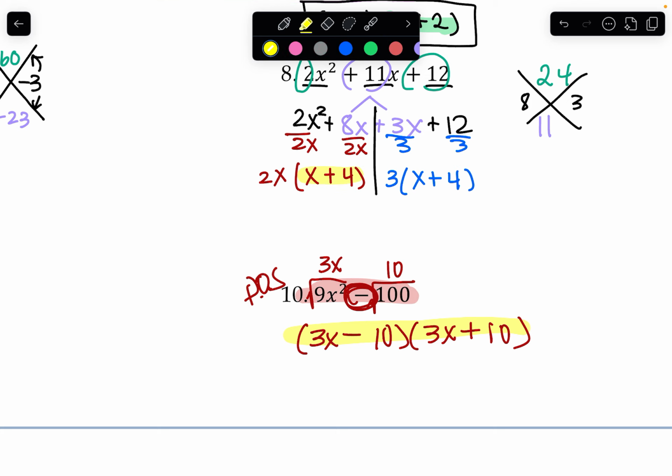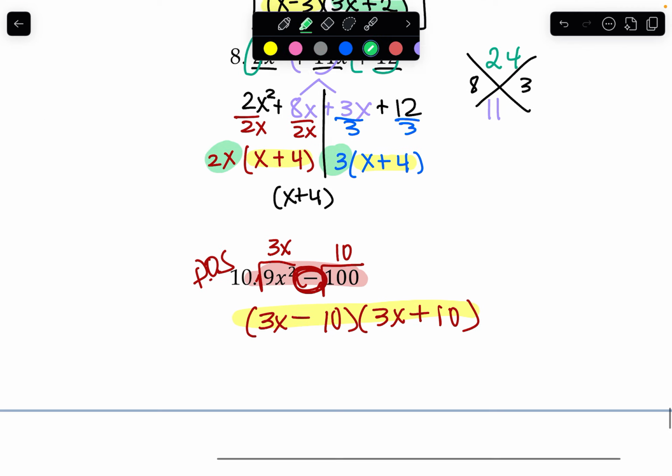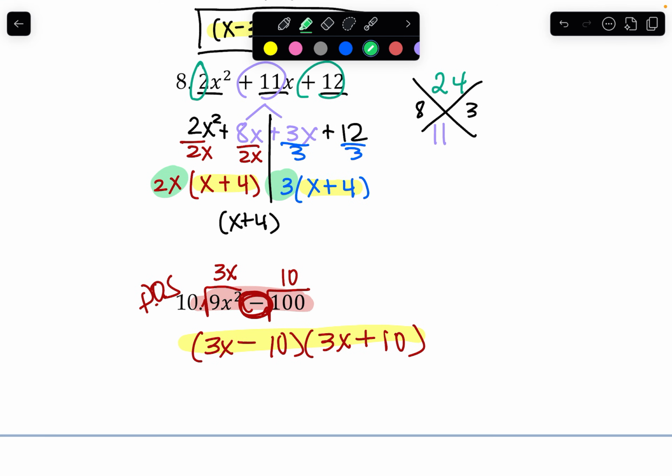The x plus 4 is matched. That's one of my factors. And then if those don't match, go find your mistake. The other factor is 2x plus 3, the outsides. And so my final answer is x plus 4 times 2x plus 3.